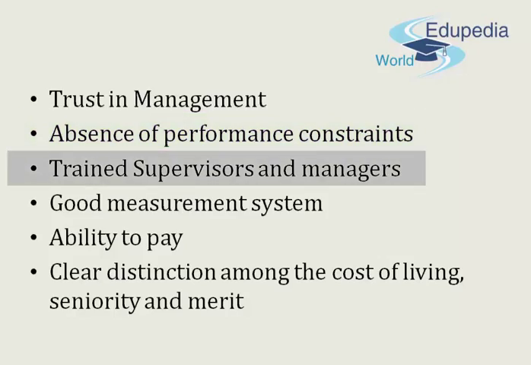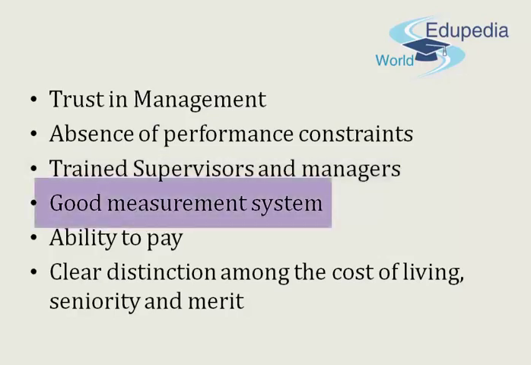Third is trained supervisors and managers. The supervisors and managers must be trained in setting and measuring the performance standards. Fourth is a good measurement system, which means that performance should be based on criteria that are job specific and focus on the results achieved. Next is ability to pay. The merit portion of the salary increase budget must be large enough to get the attention of employees.